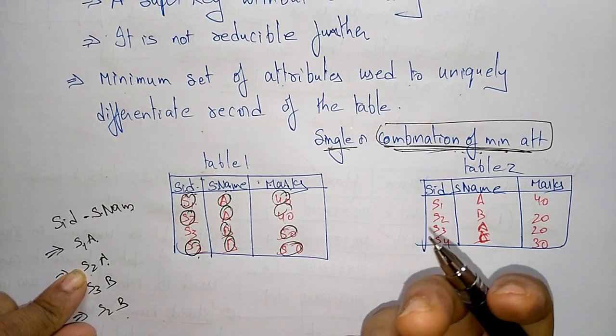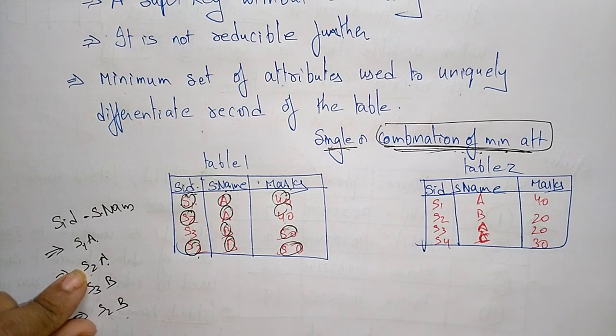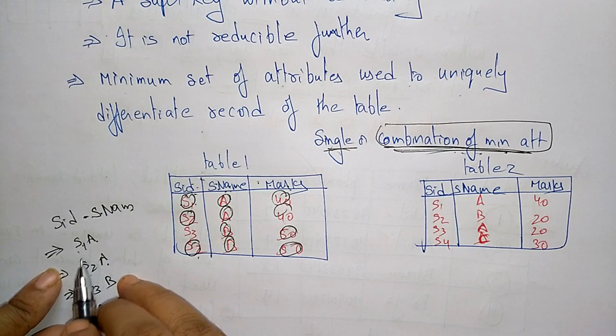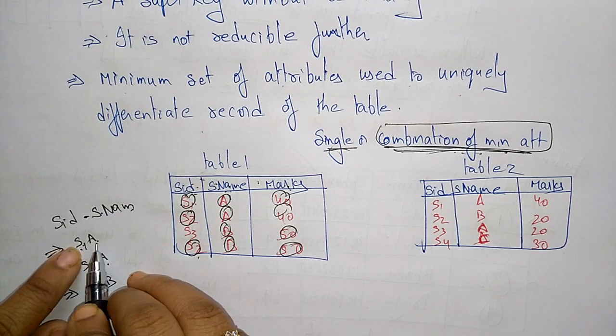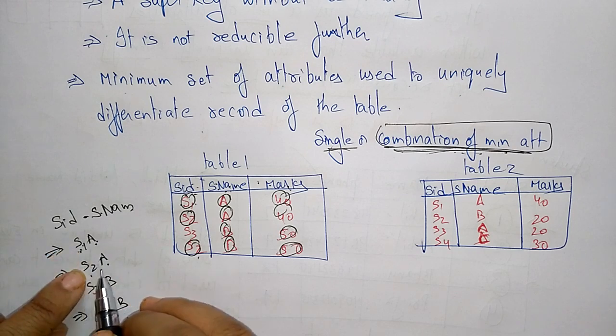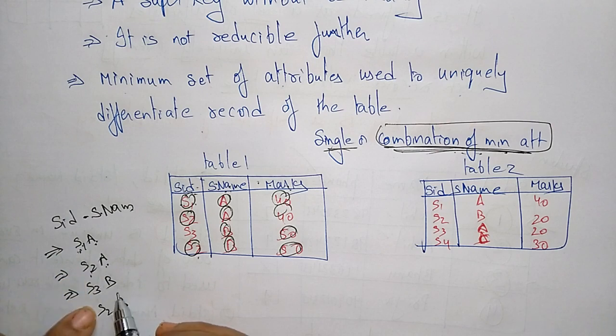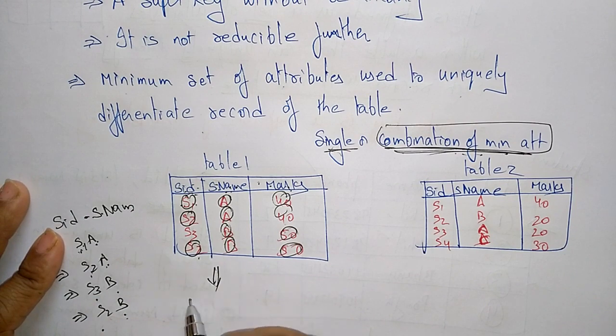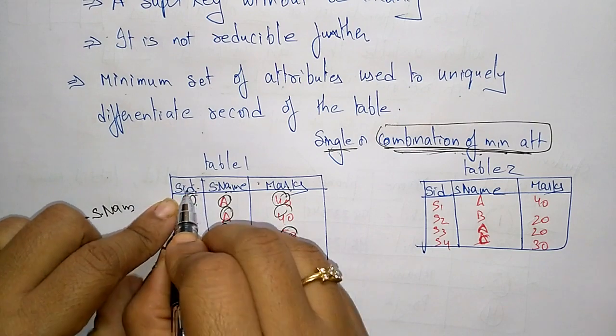In a class, suppose Akhil: there may be one or more Akhils, but their identification, their ID, will be different. So S1 has the name A, the second person also has the name A but his ID is different. The third person is B with ID S3, and the fourth person is B with a different ID. So this you call a candidate key: the minimum set, student ID and student name.